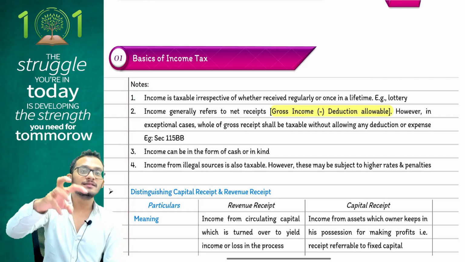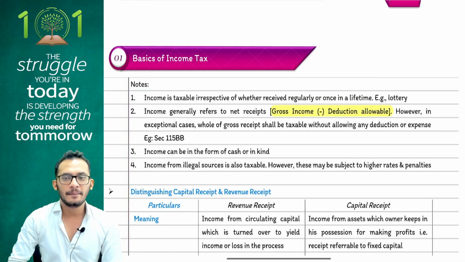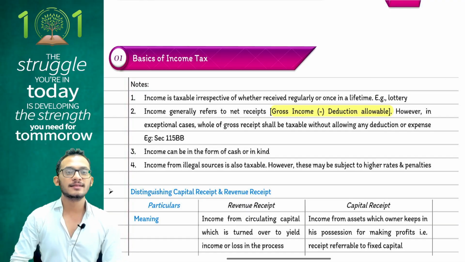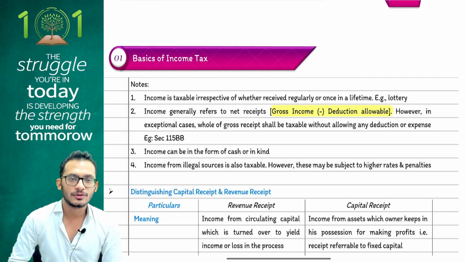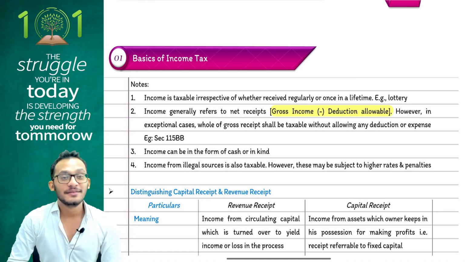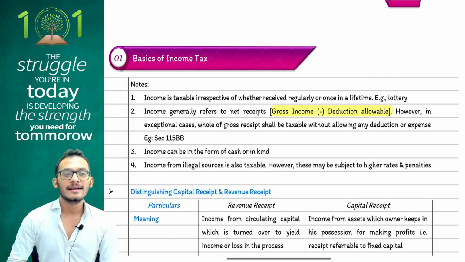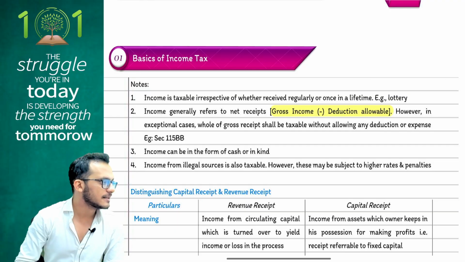If you are not in the business of trading, it is a capital receipt. Revenue receipts are always taxable. Capital receipts may be taxable provided it is there in section 2, clause 24. Yes.